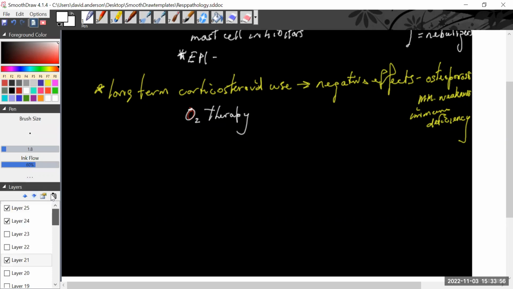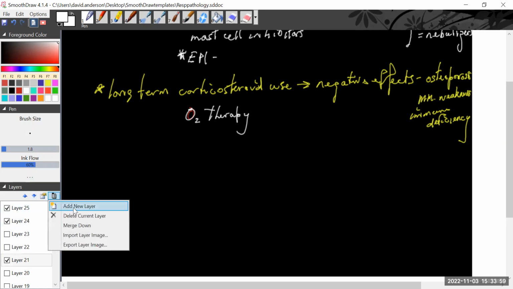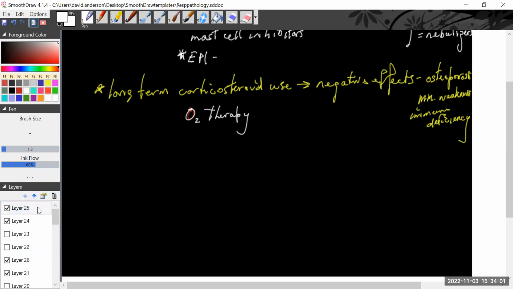Let's, just while we're on that topic. So when we look at hypoxia, we know what the definition is. So there's a couple of different subcategories of hypoxia.